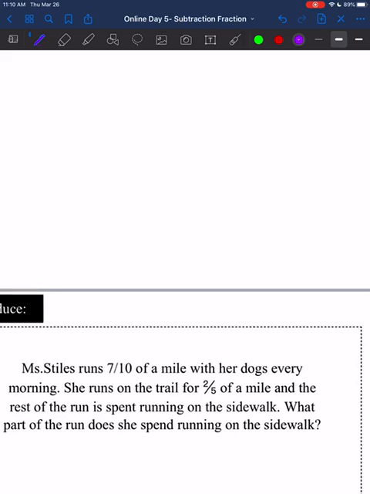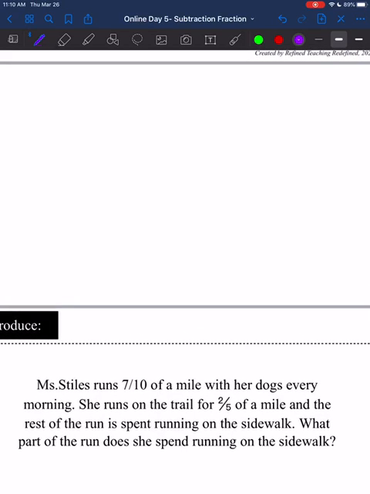So now I know that Miss Styles runs 7/10 of a mile with her dog every morning. She then runs on the trail for 2/5 of the mile, and the rest of the run is spent running on the sidewalk. What part of the run does she spend running on the sidewalk?